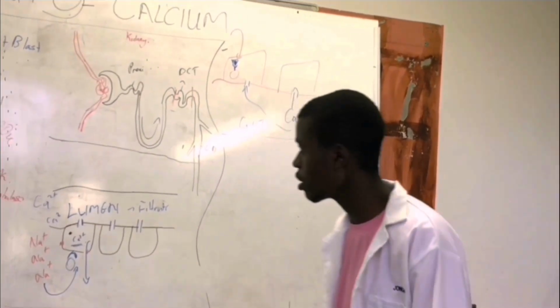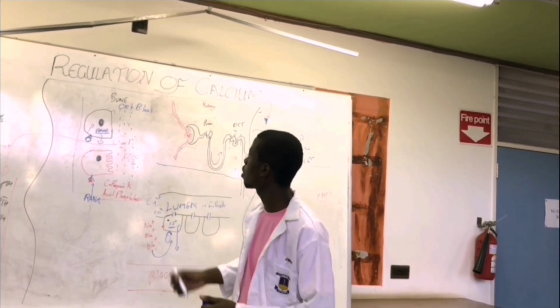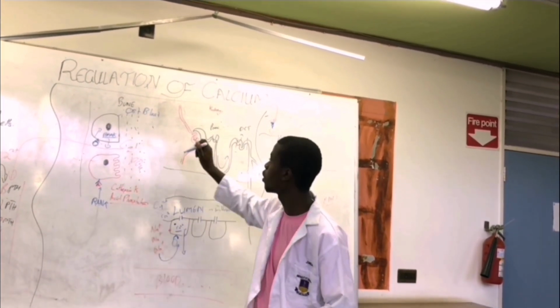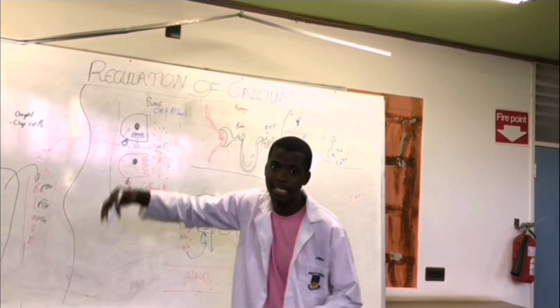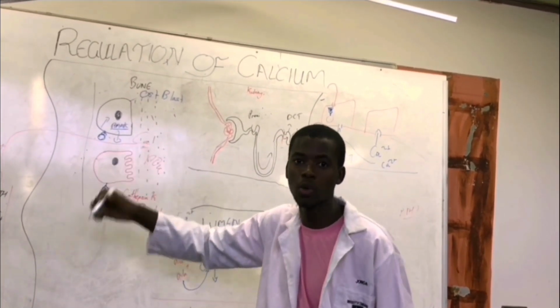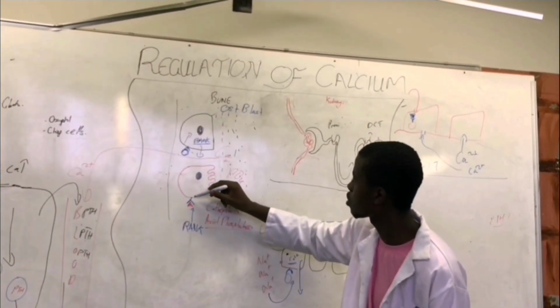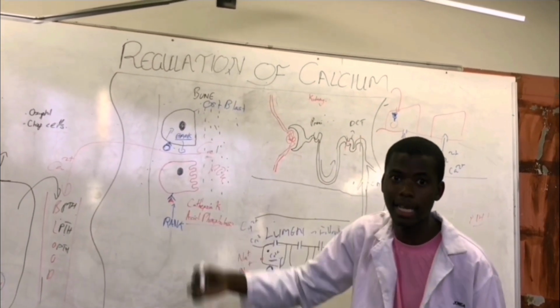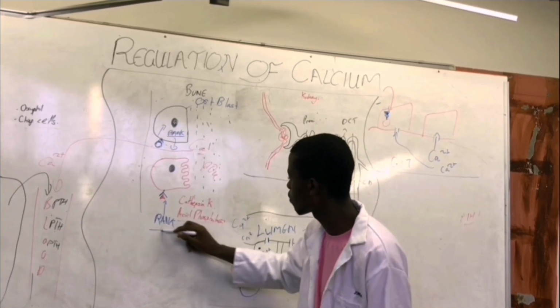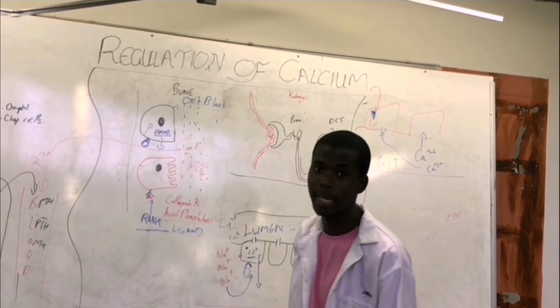Okay, so let's recap a little bit. The first one, we said we have the bone, right? In the bone, the osteoblasts synthesize a protein known as the RANK ligand. This RANK ligand goes and binds to a receptor on an osteoclast, right?